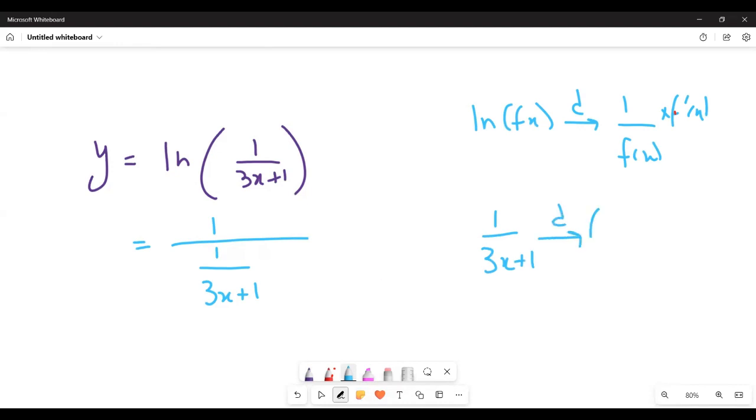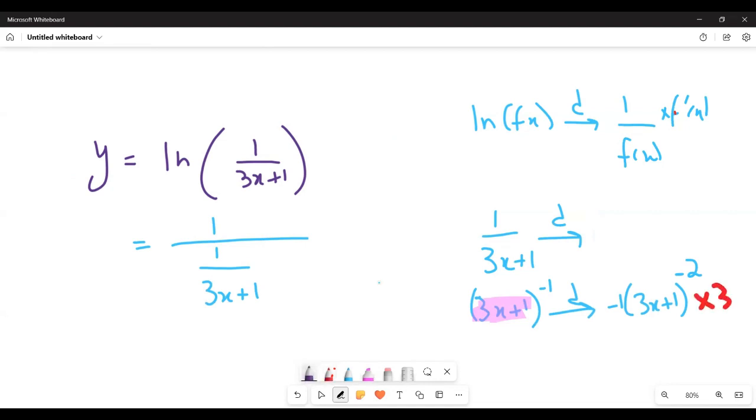The 3x plus 1 goes up. So instead we can write it as 3x plus 1 whole power minus 1, and the derivative of this would be minus 1 comes down, 3x plus 1 whole power minus 2, and then multiply the derivative of 3x plus 1 again, which is times 3.